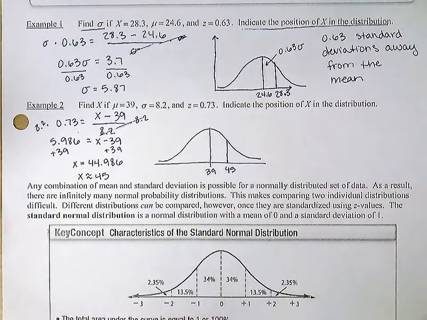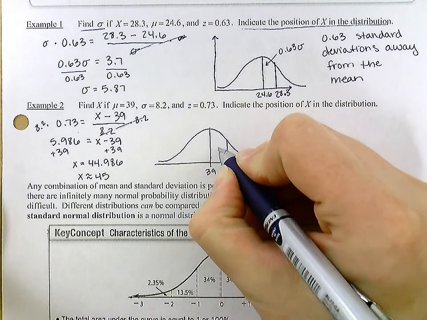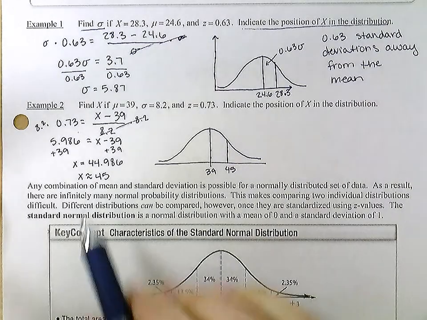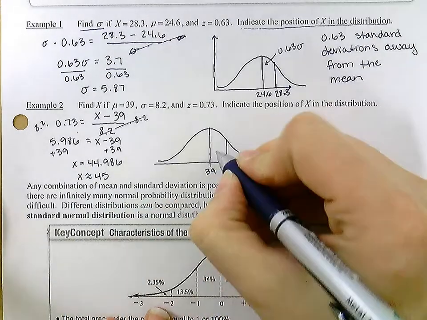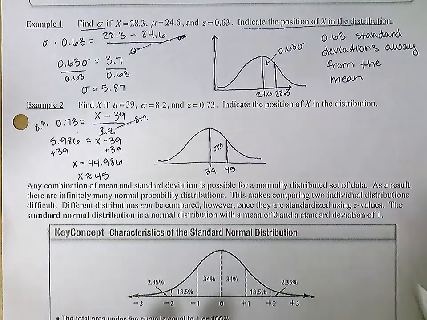If we found our x value to be less than 39, we'd put it on that left-hand side. Since it is greater, the space between them is how many standard deviations away. That's your z-score, so whatever z is, that's 0.73 standard deviations away.